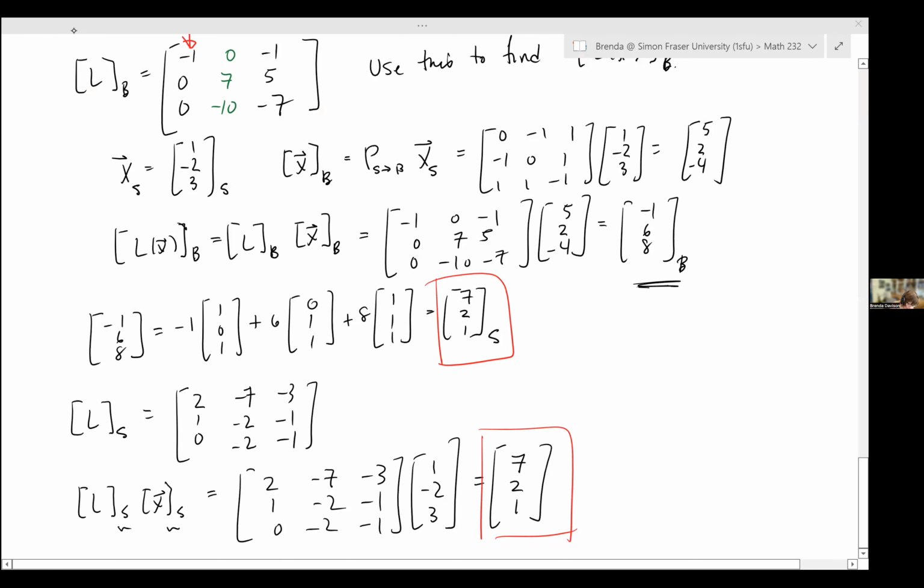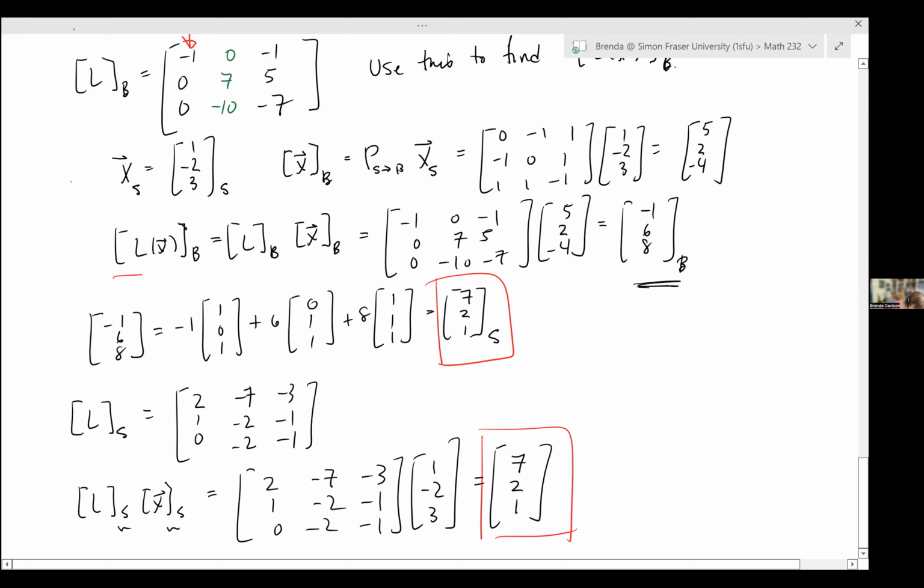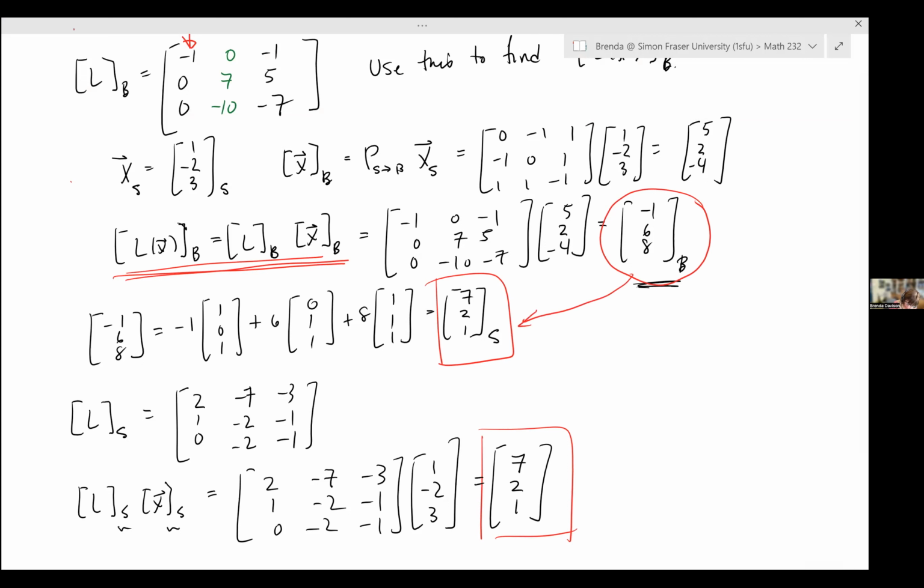So the point is, I can do the linear transformation with everything relative to the basis vectors in B, and I get the answer in B. I can convert that to S. I can do the same calculation, here this is L of X S, relative to the standard basis vectors, and I get the answer relative to the standard vectors.